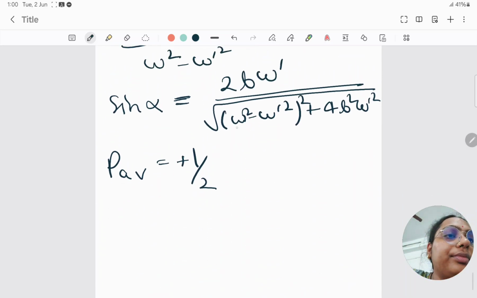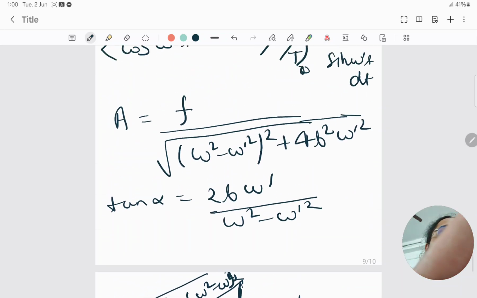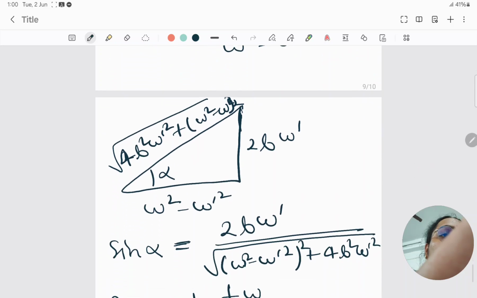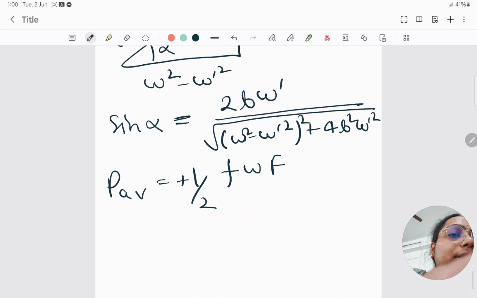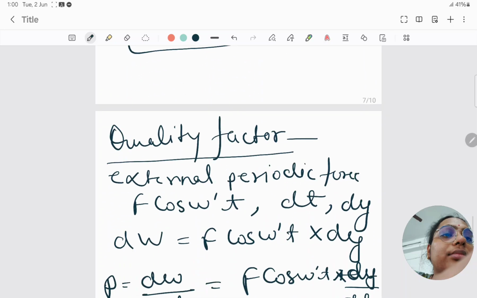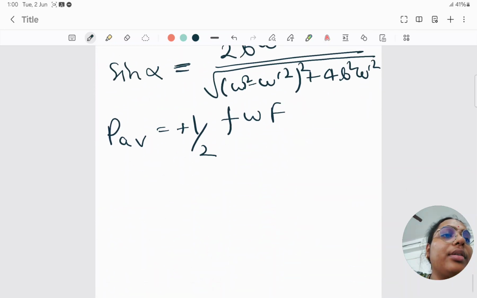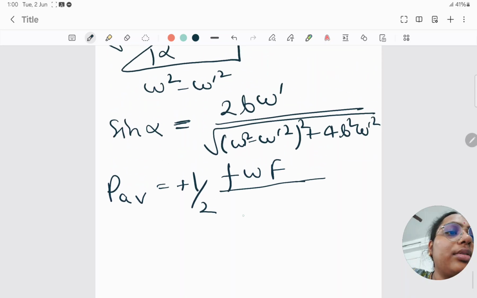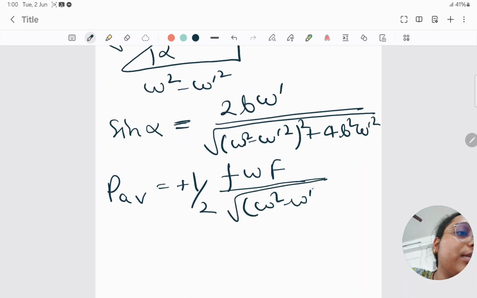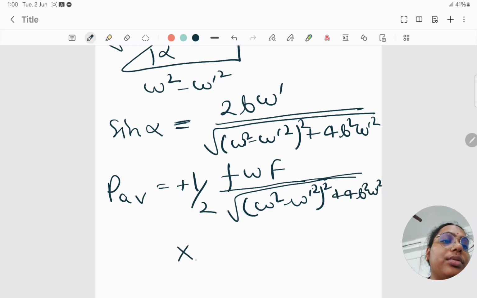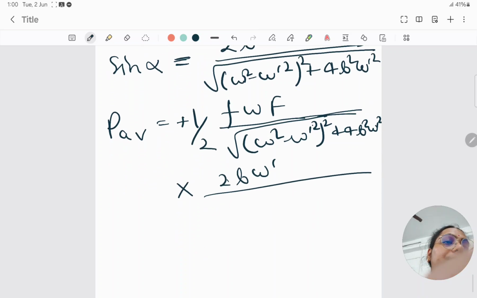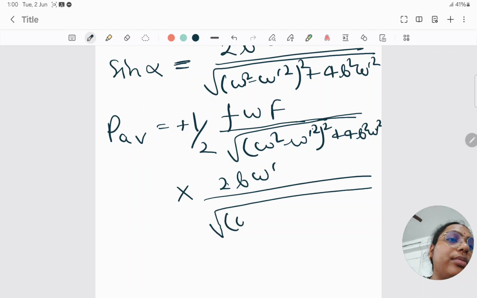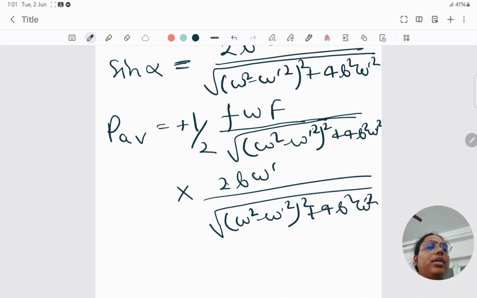A we put F ω' capital F divided by root over (ω² − ω'²) whole square plus 4b²ω'², okay, into sin of 2bω' divided by this, which will also be root over (ω² − ω'²) whole square plus 4b²ω'².